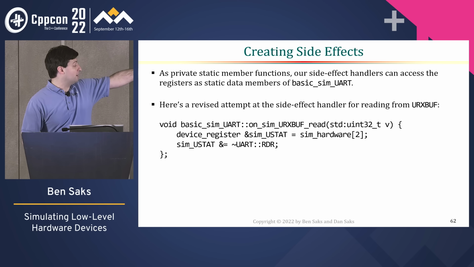So here's a slightly revised attempt at writing that side effect handler. But this is still not the final version, and you may see a problem with it. We've done our job too well.